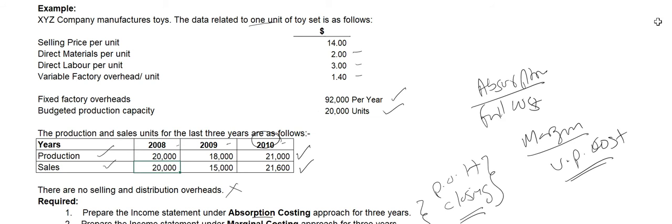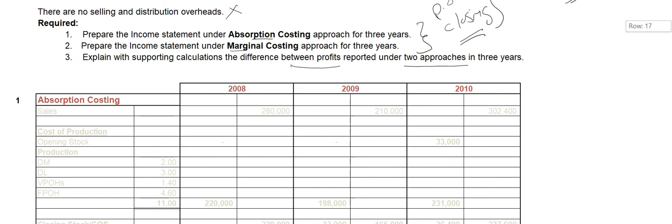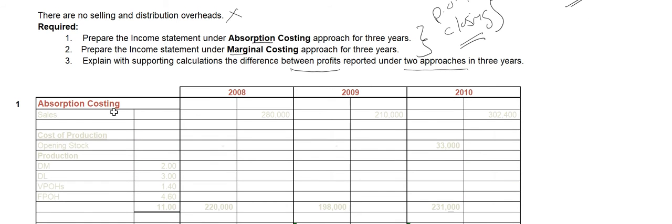So 20,000 times 14, how much is that? 280,000. So this is the sales amount. From that you need to deduct the cost of production.